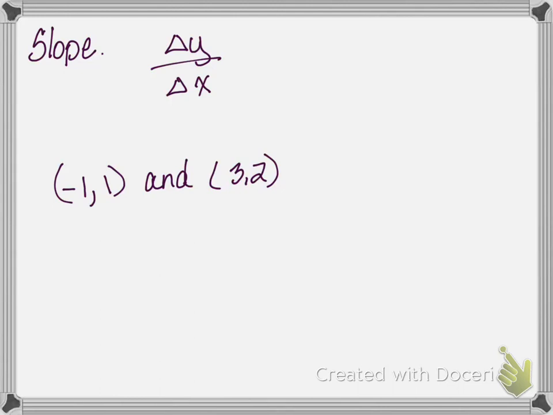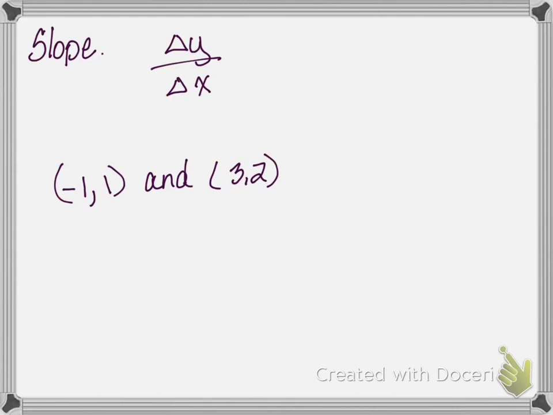So an undefined slope is when all of your x values are the same. And what we get is something like 12 over 0 or -3 over 0. Your 0 is in the denominator. And that is not allowed.